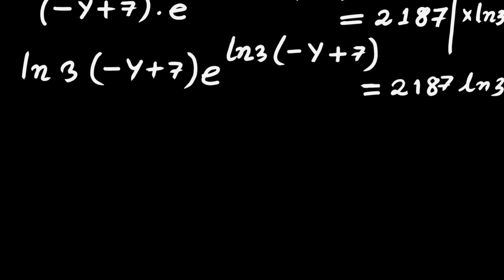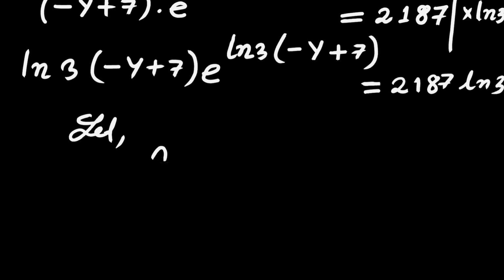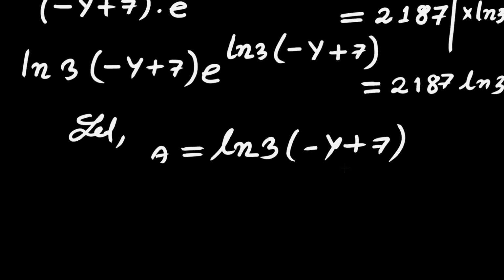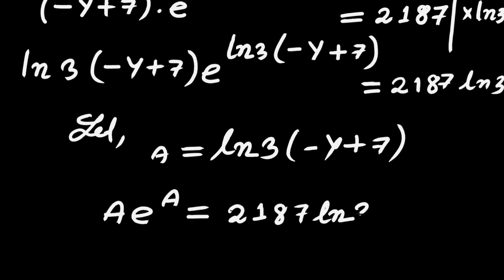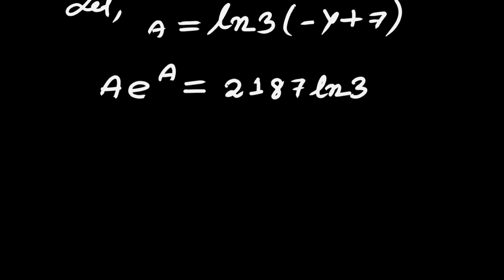Now let's make a substitution. Let a be equal to natural logarithm of 3 times (minus y plus 7). Then our equation becomes a times e to the power a equals 2,187 times natural logarithm of 3. And there it is, that famous Lambert W form.